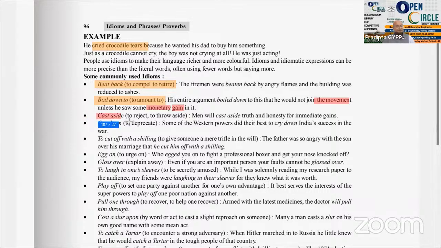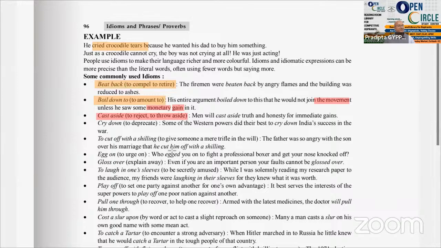Cast aside. Cast aside means to reject, or to throw aside. Cast aside truth and honesty for immediate gains.